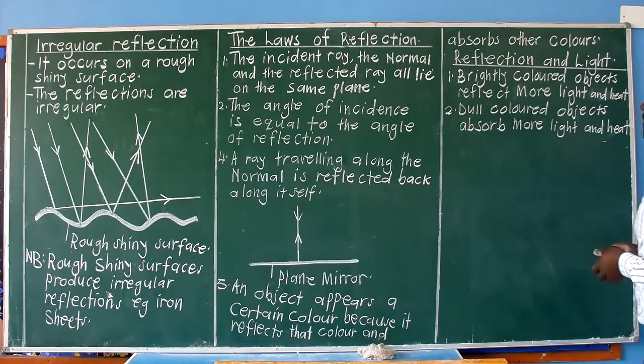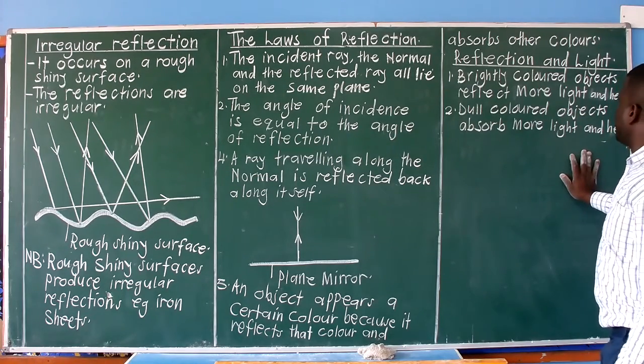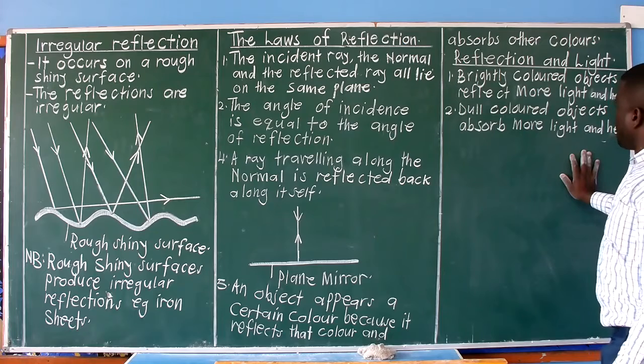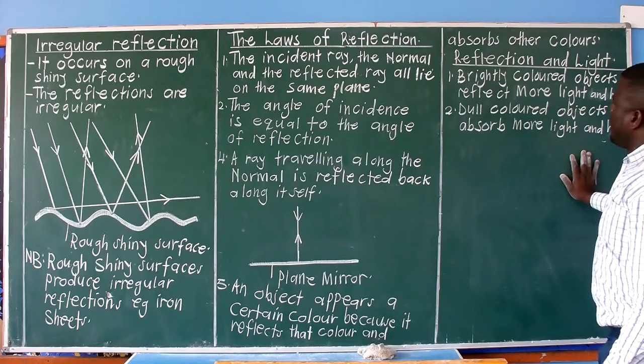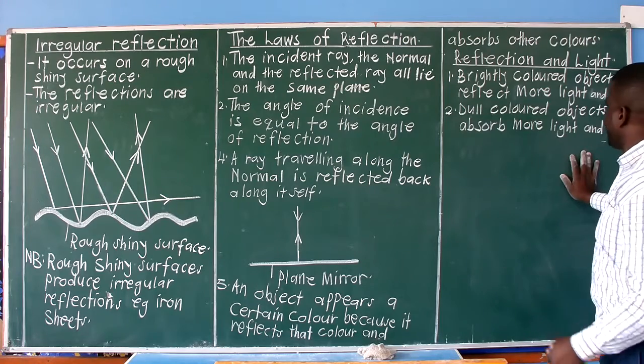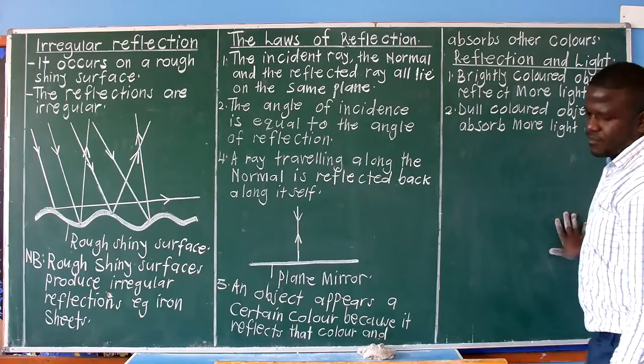So we are simply saying that objects which have bright colors will reflect more light and heat. Then objects which have dull colors will absorb more light and heat.